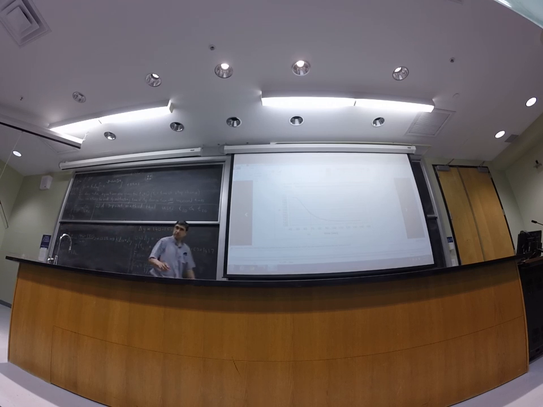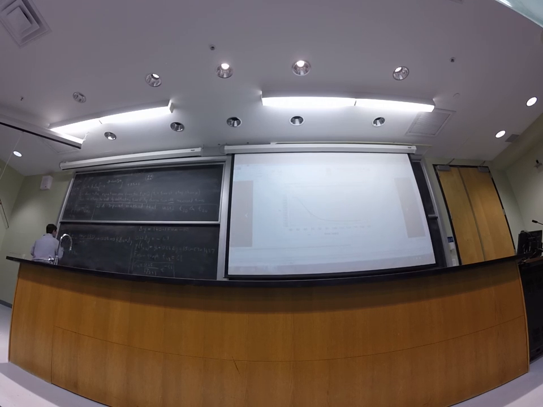Excuse me. Yes? Can you explain that one more time? This is how I calculate k. Change in output, measured output, over change in input. Move it to the other side. It becomes k delta u equals delta y.